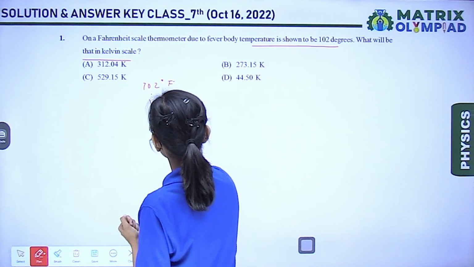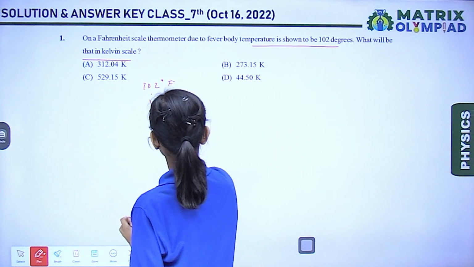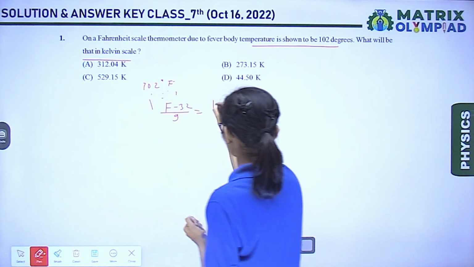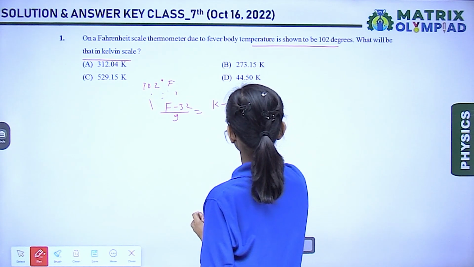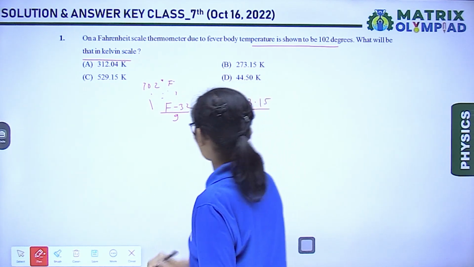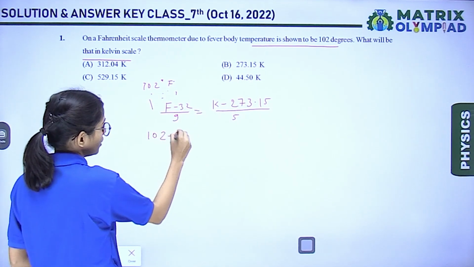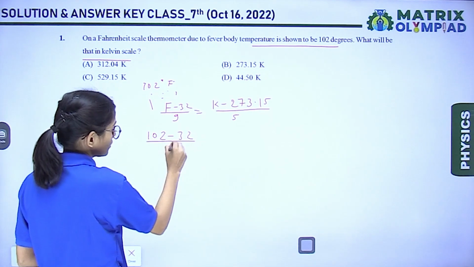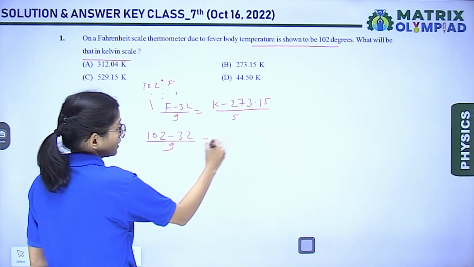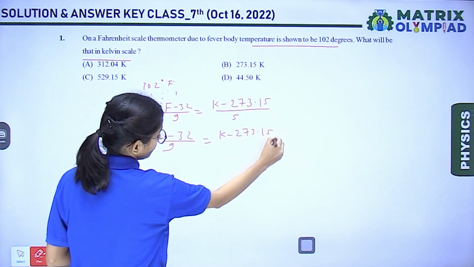Everybody knows the relation between Kelvin and Fahrenheit, that is (F minus 32) upon 9 is equal to (K minus 273.15) upon 5. Now put the value in place of F: (102 minus 32) upon 9 is equal to (K minus 273.15) upon 5.